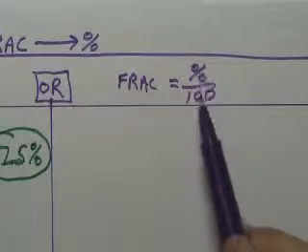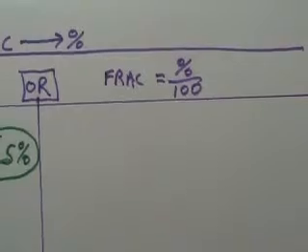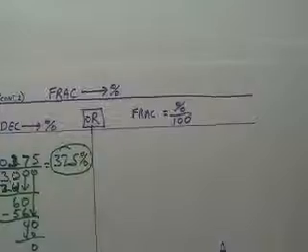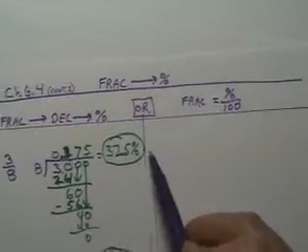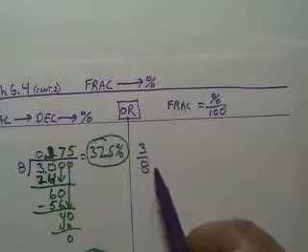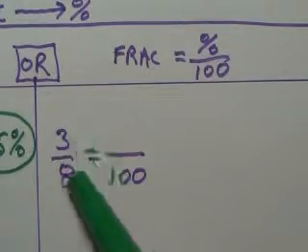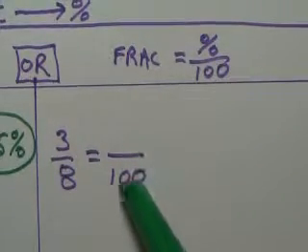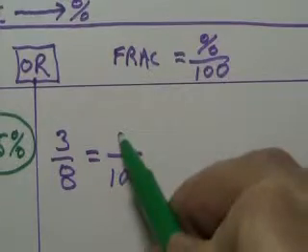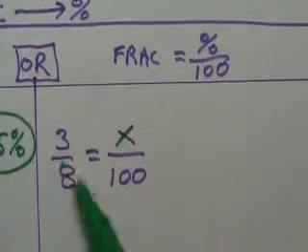Now sometimes it's an easier way, other times it's not. So I'm going to use the same problem as before, 3/8. So the fraction equals percent over 100. Whatever this number is, that's our percent.